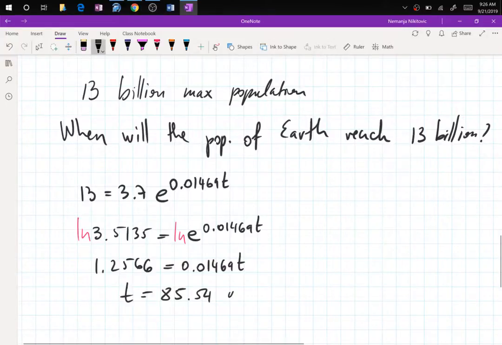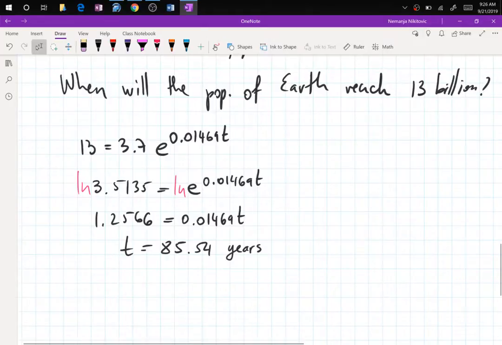Now, obviously, it's not going to be down to 2 decimals, so let's just call it t equals 86 years, because we want to round it to the nearest year.